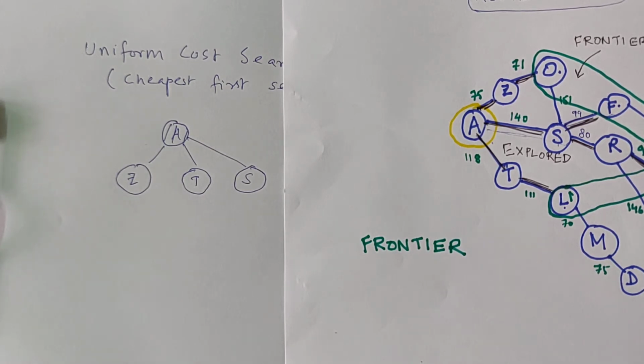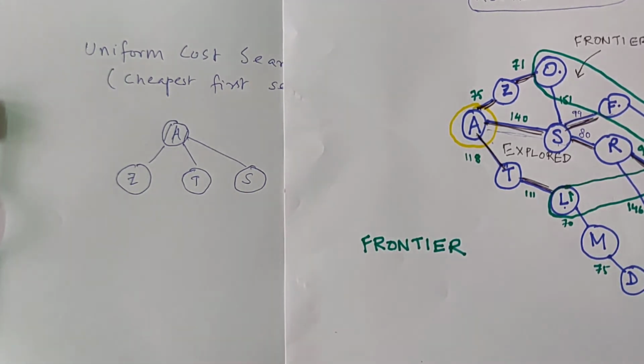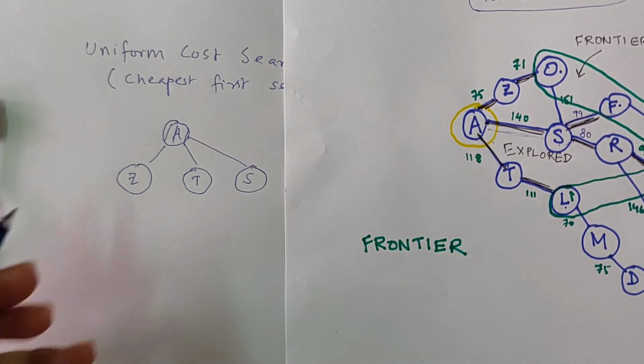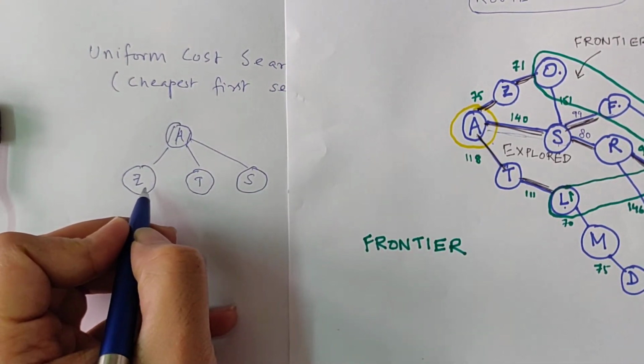Again I repeat, I have to open that node from the frontier. Here the frontier is Z, T, S, which gives me the minimum total path cost from the start node. So what is the path cost from the start node of Z?